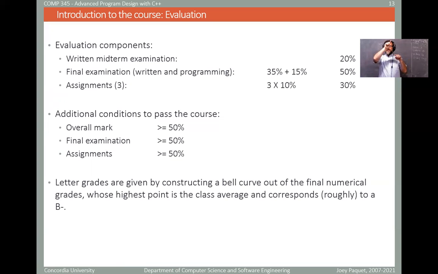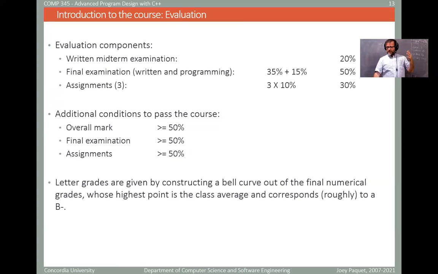So then I say the top of the curve, the highest point on the curve, is roughly the middle of the B minus, somewhere around B minus. And then following this curve, I distribute the letter grades over the predefined numeric grades.